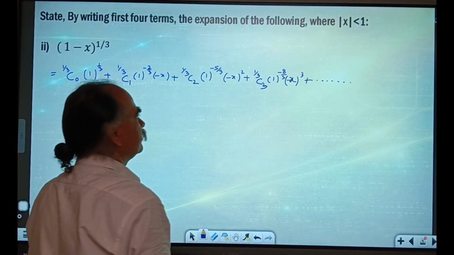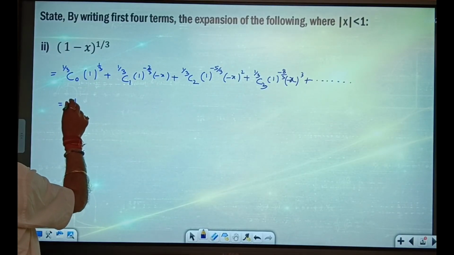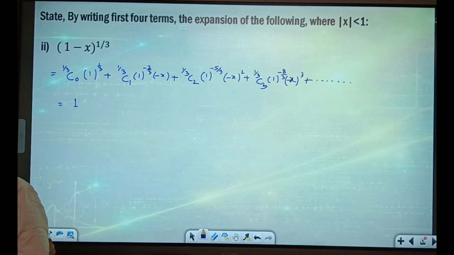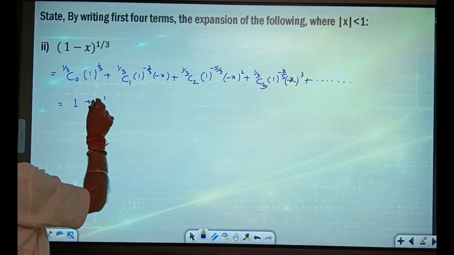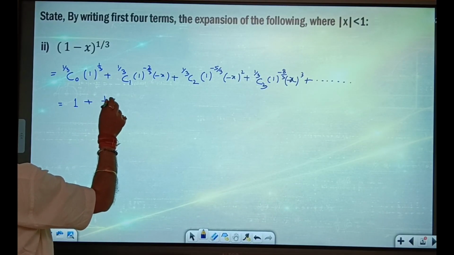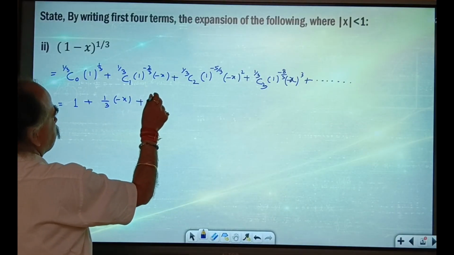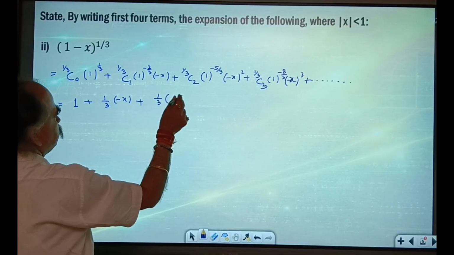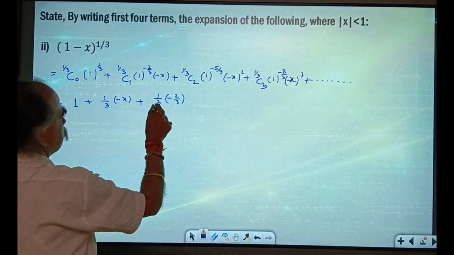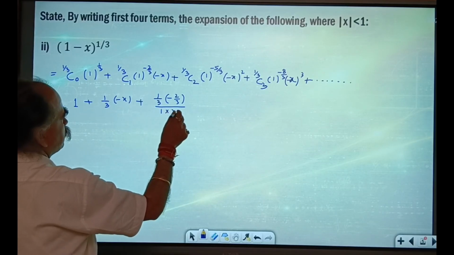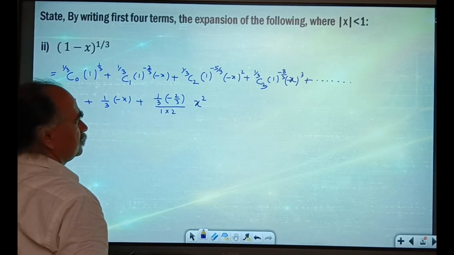Which is equal to: any number C0 is what? 1, and 1 raised to 1 by 3 is also 1. Any number C1 is what? Same number into minus x. Any number C2 is what? 1 by 3 into, multiply from back side 2 times, minus 2 by 3 upon 1 into 2, x square.